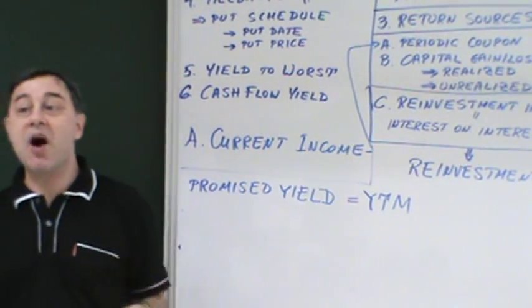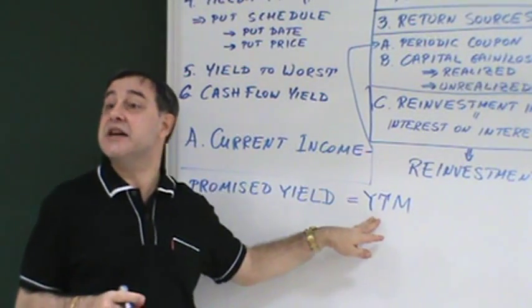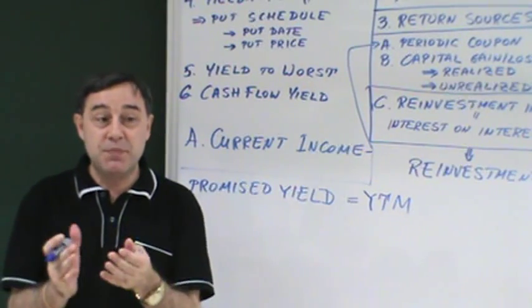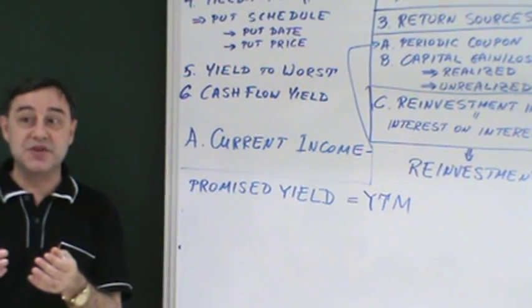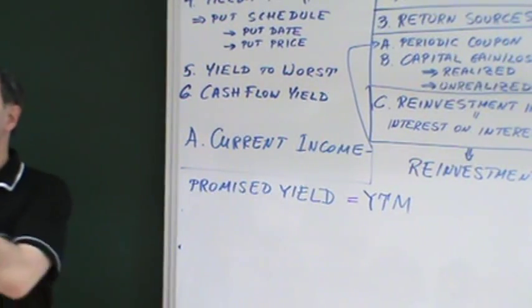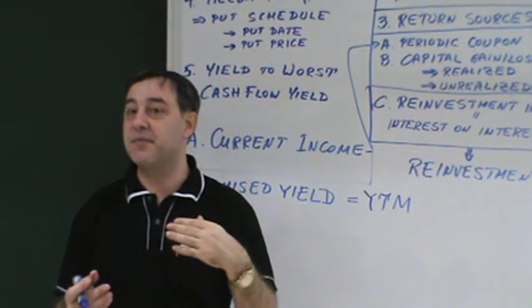So if the bond yields 5%, yield to maturity assumes that 1 year from now, when you get the coupon, you're going to reinvest it at 5%. 2 years from now, when you get the coupon, you're going to reinvest it at 5%. 3 years from now, you're going to reinvest it at 5%.